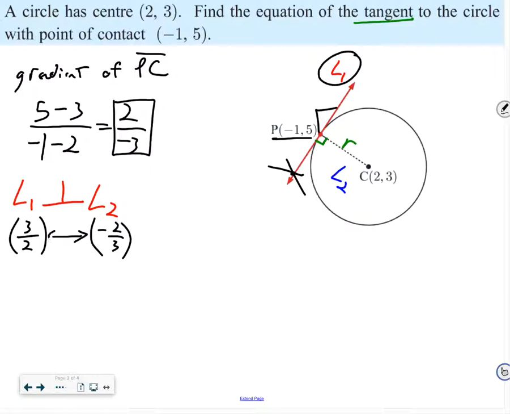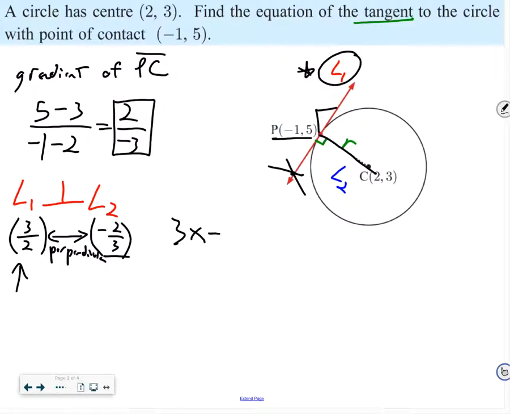So these two slopes, or gradients, we know are perpendicular. Should make sense. Negative slope here because we're going downhill, and we want a positive slope for L1 because we're going uphill.